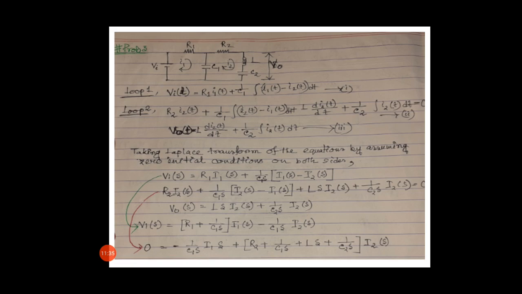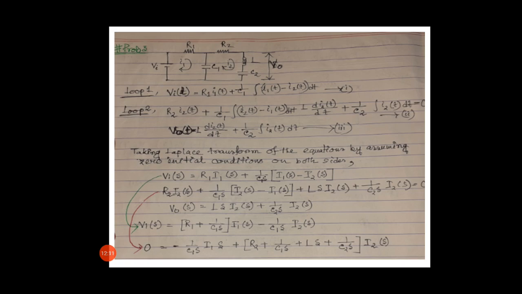And considering loop 2, we get this equation: R2 i2(t) plus 1 by C1 integration of (i2(t) minus i1(t)) dt plus L di2/dt plus 1 by C2 integration of i2 dt equal to 0. And at the output side, V_0(t) equal to L di2/dt plus 1 by C2 integration of i2 dt.